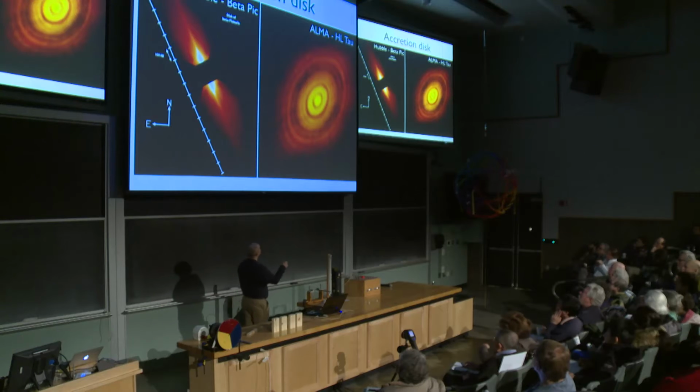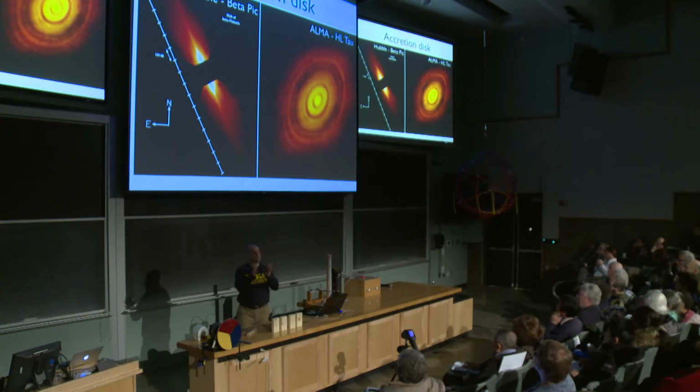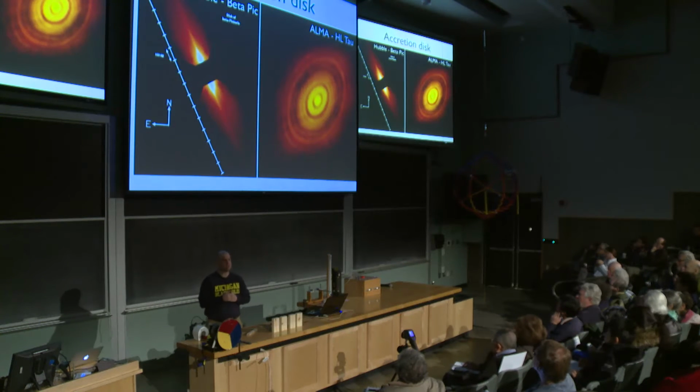This is not an artist's conception. This is an actual image of a disk building up a star, and you can see that things are starting to happen. You're starting to sweep material out of this disk with objects that will become planets.